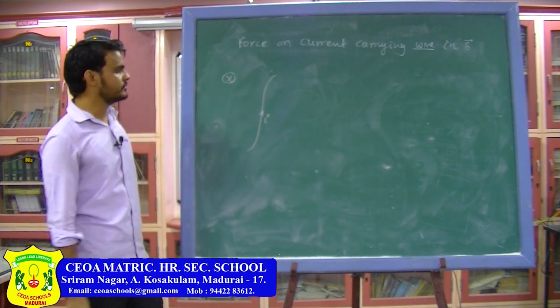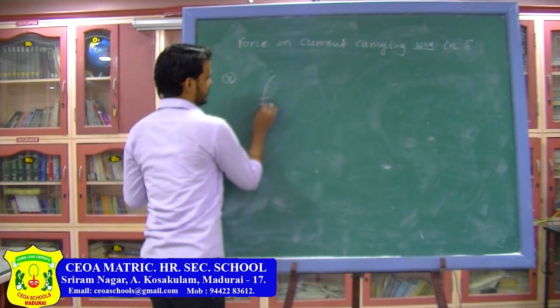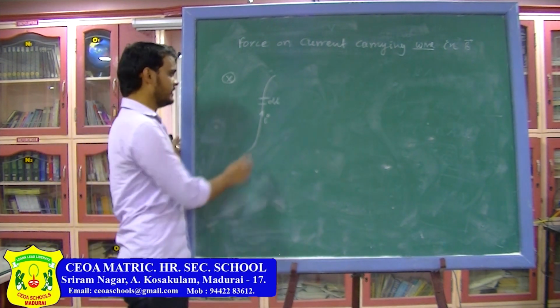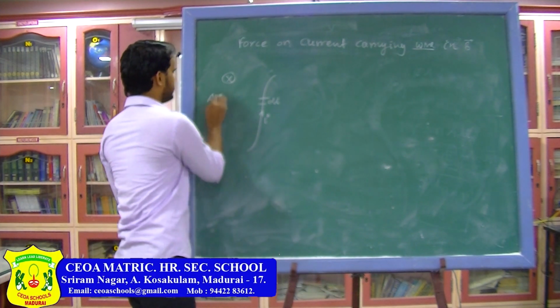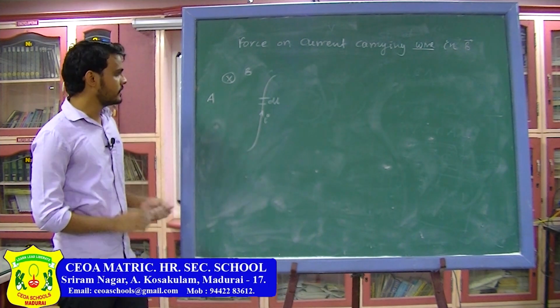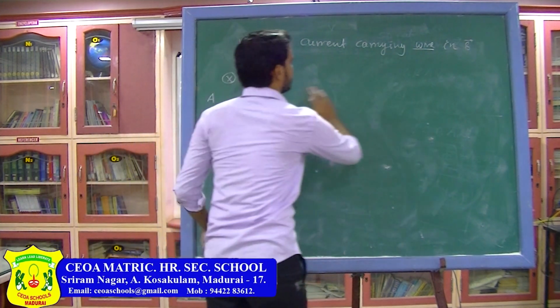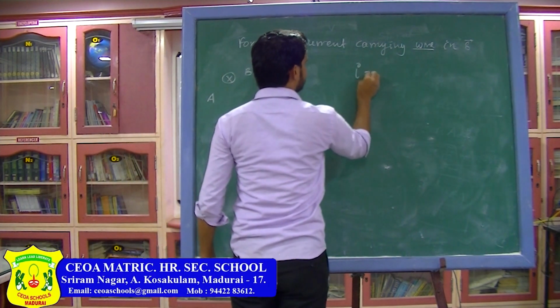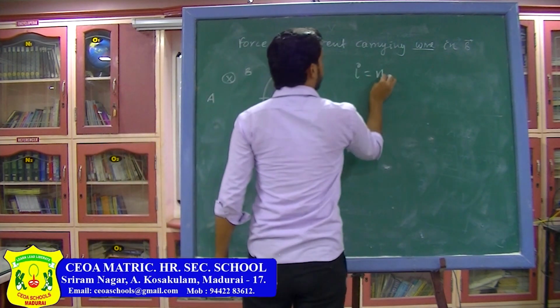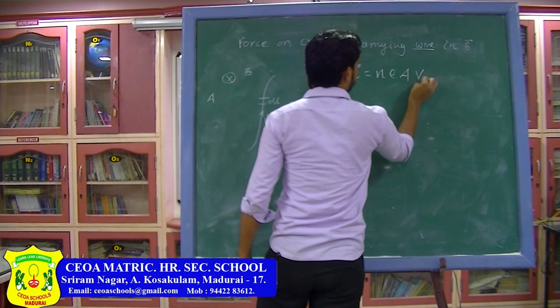To find the force on this wire, I assume that there is a very small element, length of this small element is dl, and cross sectional area of this wire is A, magnitude of magnetic field is B. Now in your current electricity chapter, you have seen current in a wire can be written as n e A Vd.